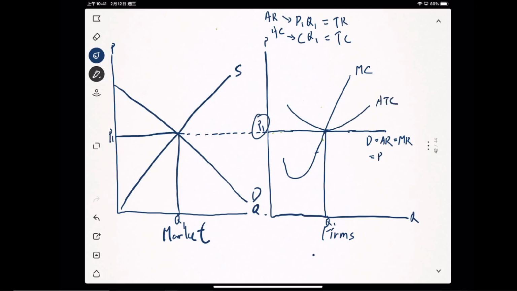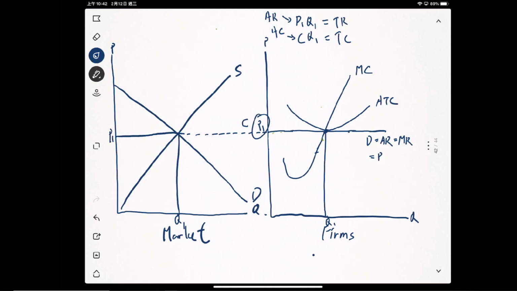At Q1, P1 is your average revenue, and the average cost at Q1 is here as well, because now they're overlapping. So P1 is also the average cost at this point.